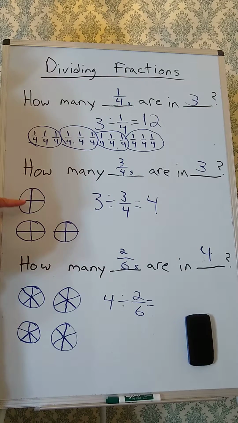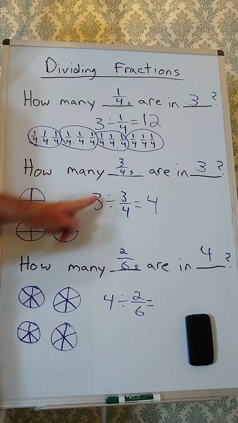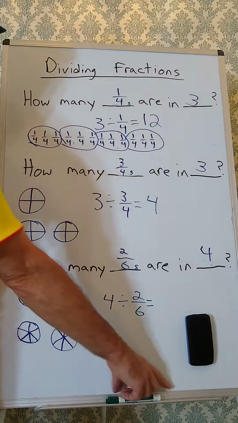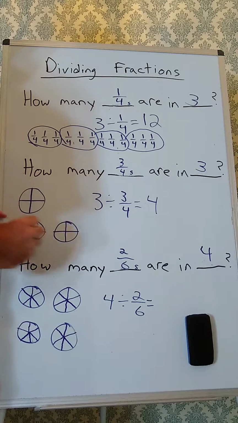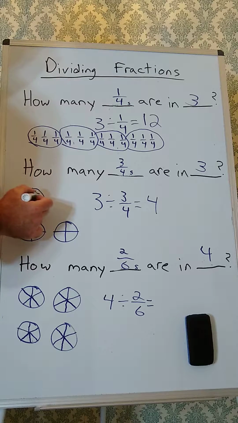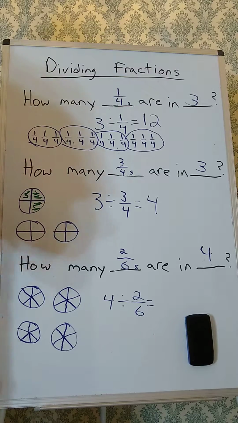We'll look at this here, and then we'll look a little bit at the whys. What's really going on here? Well, in this picture we have, let's say, 3 pizzas, and each person's going to get 3/4 of a pizza. How many people are going to be able to eat? Well, one person gets 3/4.